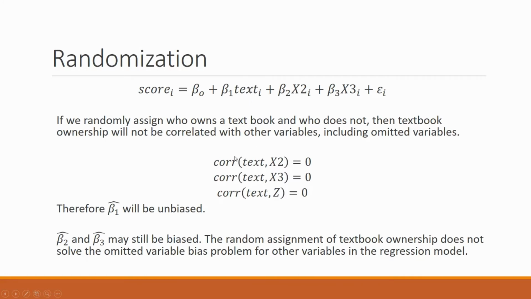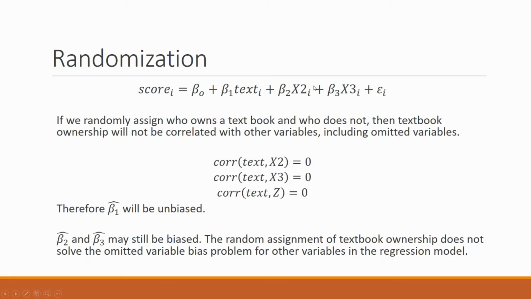Now this textbook variable is not going to be correlated with the other independent variables, x2 or x3. And it's not going to be correlated with omitted variables. So even if we have some variable z that's omitted from the regression model, there will not be omitted variable bias because textbook will not be correlated with z.